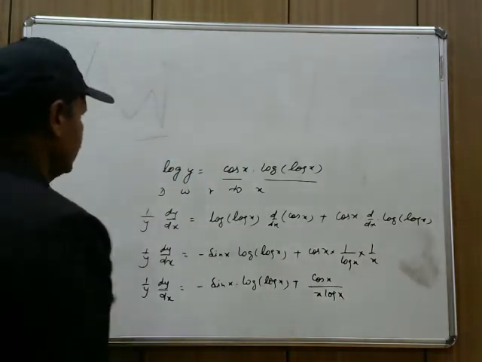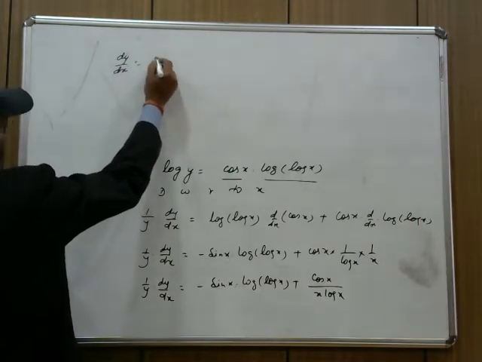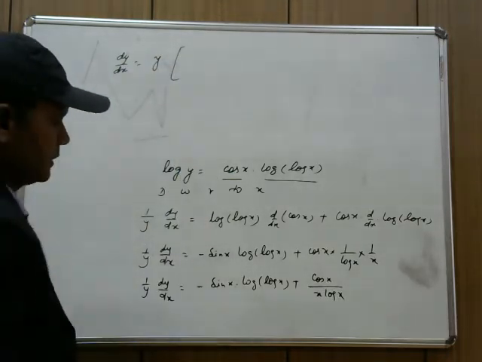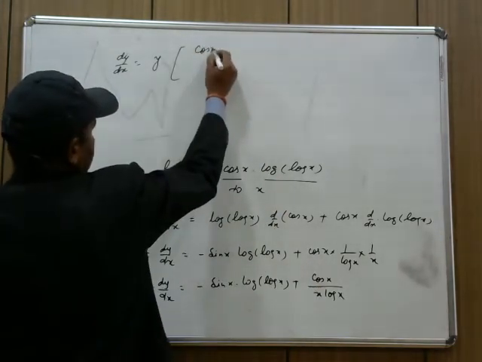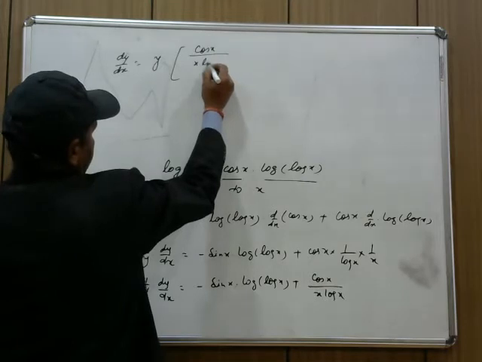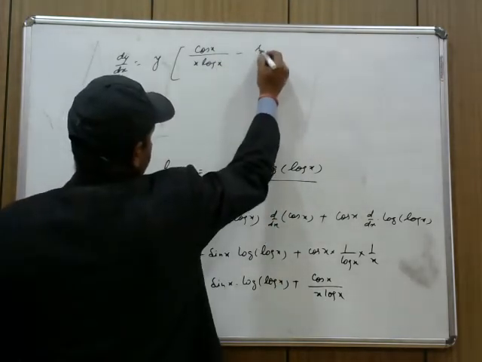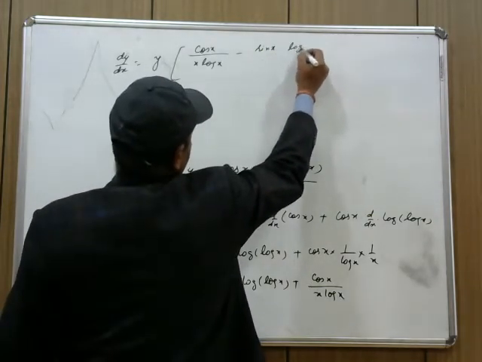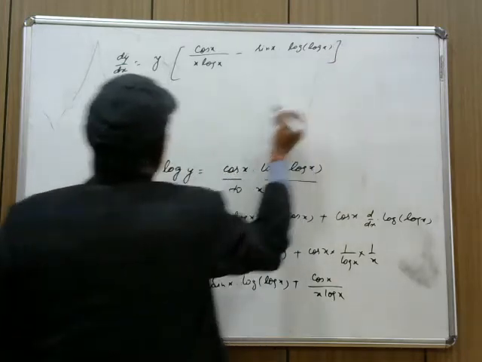Therefore dy by dx is equal to y into the right hand side. First I write the positive terms over: cos x upon x log x minus sin x into log of log x.